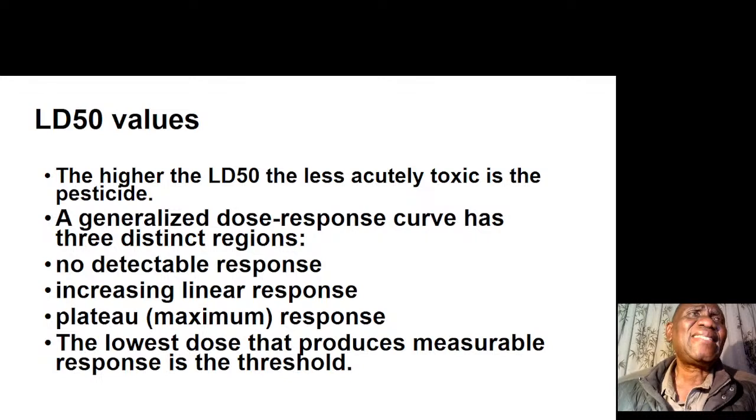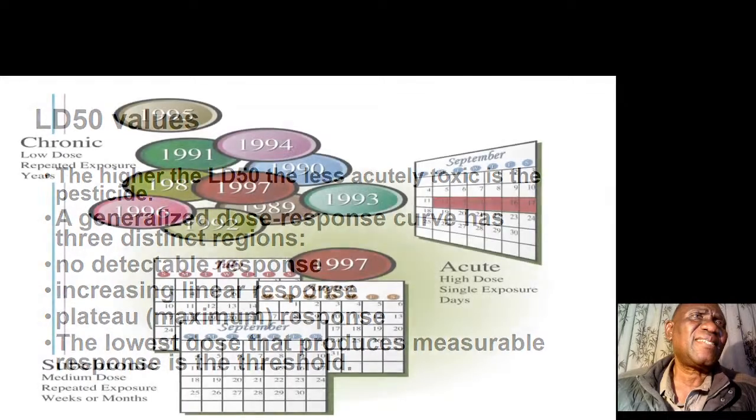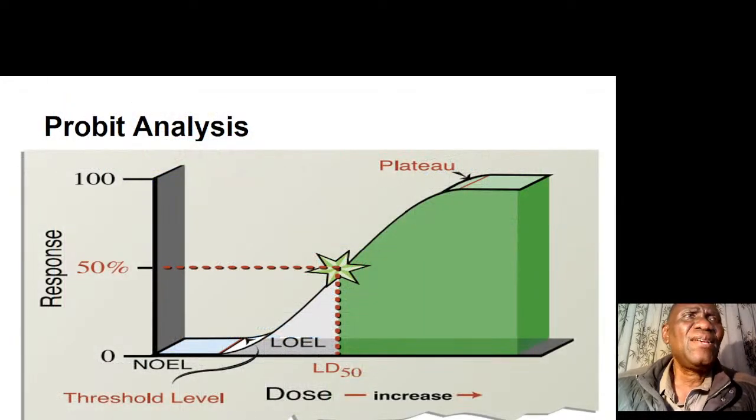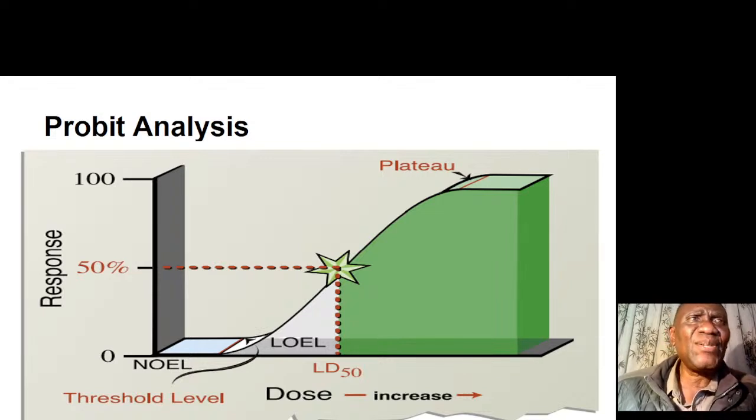A generalized dose response curve has 3 distinct regions. I need to go back to this graph. So this graph has got 3 important areas. The 0 area where nothing is happening, representing the control.